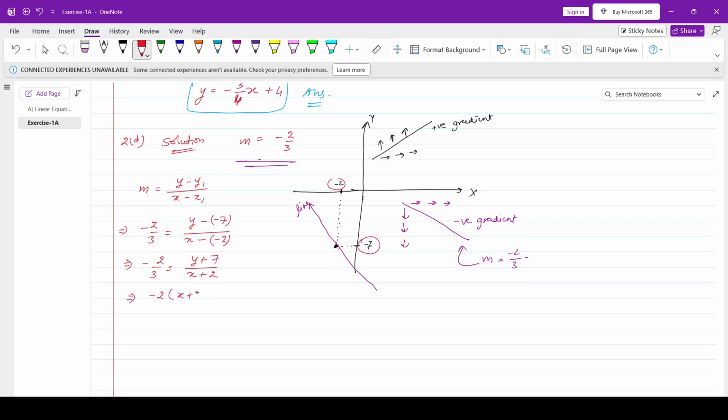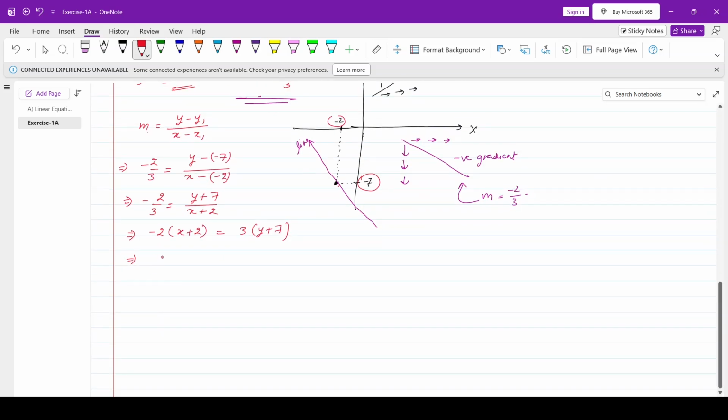-2 into (x plus 2) is equal to 3 into (y plus 7). When we multiply further, this becomes -2x minus 4 equals 3y plus 21.